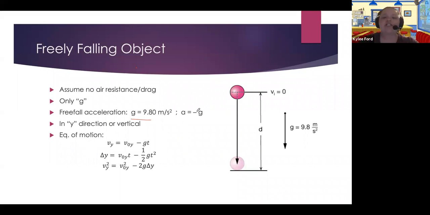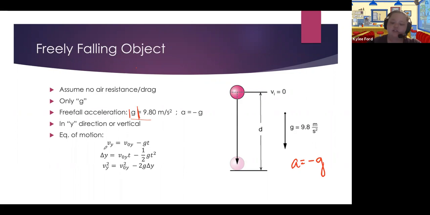And so our acceleration is going to be a negative G. Okay, so when we're asking our acceleration, it's going to be negative G. Okay, because again, our G is just some kind of magnitude, just a number. It's a scalar, if you may. Okay, and so it's going to be in our y direction or our vertical direction only.